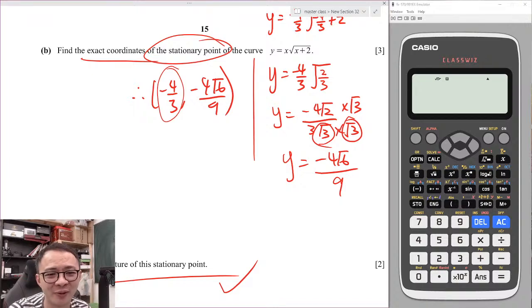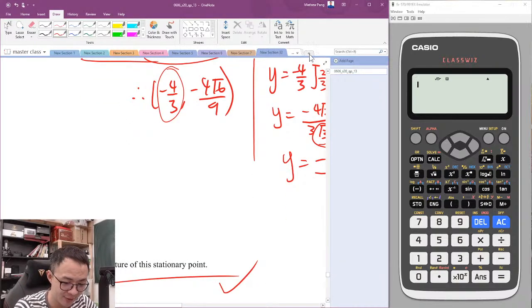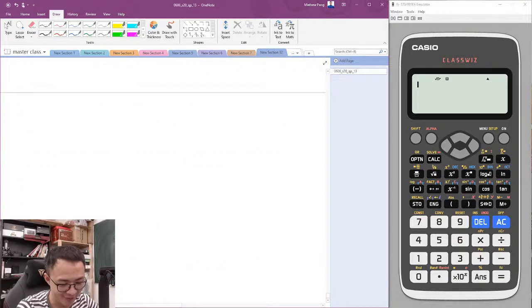Let me go find what paper, October November 2017. Okay, let's see if I can find it or not. 2017 October November paper 1. Normally I'm not so kind, but it's fine.